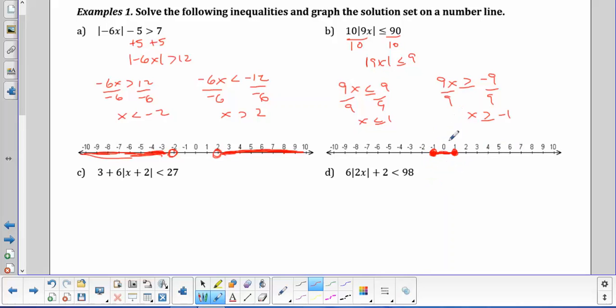Okay, so as you can see, this one is between -1 and 1. So this looks like an AND inequality versus this guy over here looking like an OR inequality. So it's sort of a case-by-case basis. You just have to see what happens and then go from there. Okay, so if you're a little confused on those, please play this back. Otherwise, we're going to keep moving.